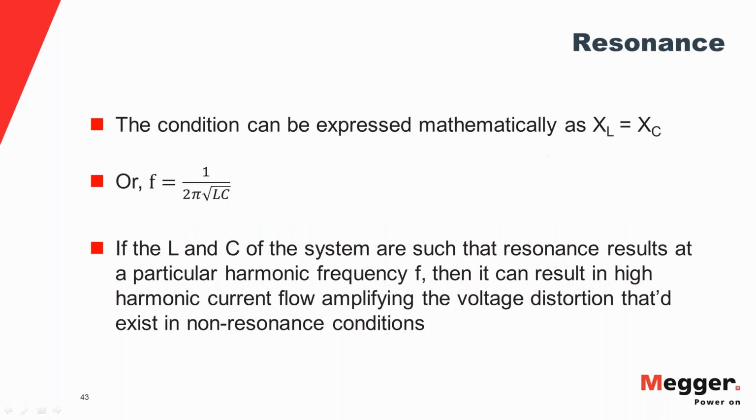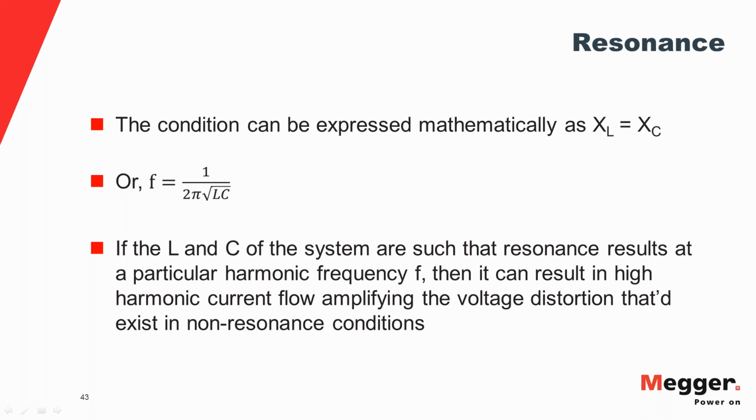So how does this relate to harmonics? I told you that the resonance condition is achieved when the inductive reactance is equal to the capacitive reactance. If you simplify the equation a bit, you get the role of frequency in the circuit. The reactance is frequency dependent.